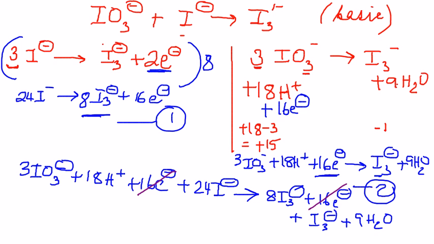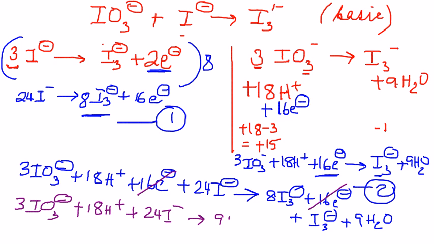You have 3 iodate, 18 protons, 24 iodide, gives you 9 I3 minus and 9 H2O. Seems like the entire thing is divisible by 3, so I'm going to divide the whole equation by 3. This should be 6, this should be 8, this should be 3, and that should be 3 as well.